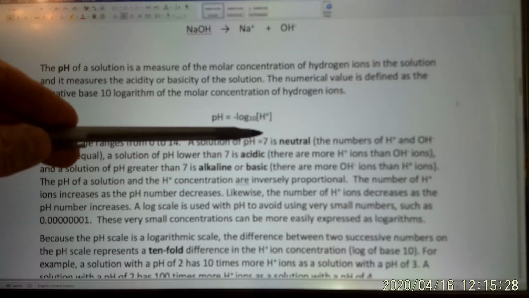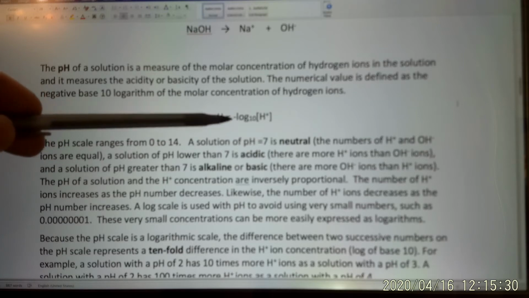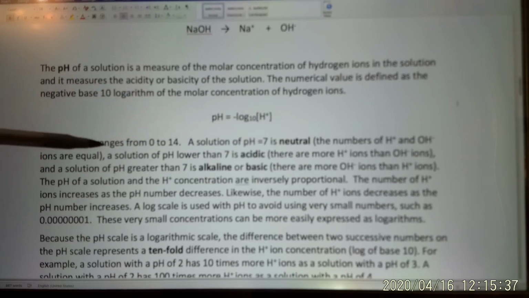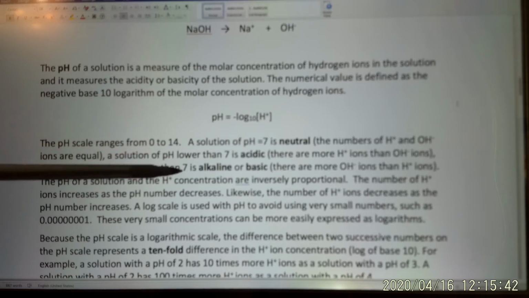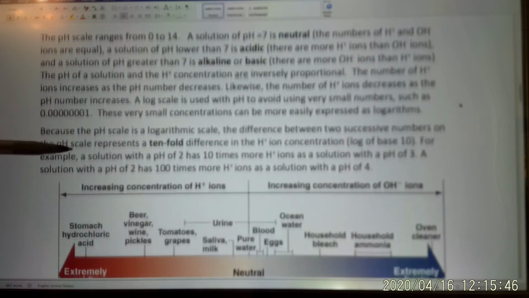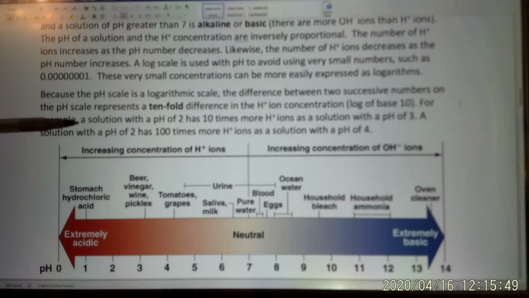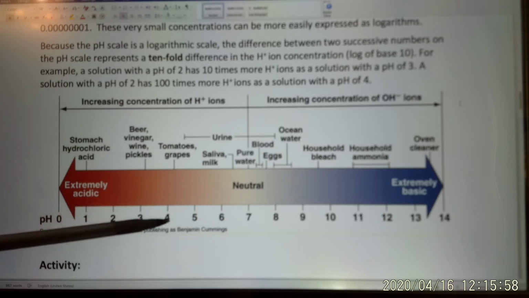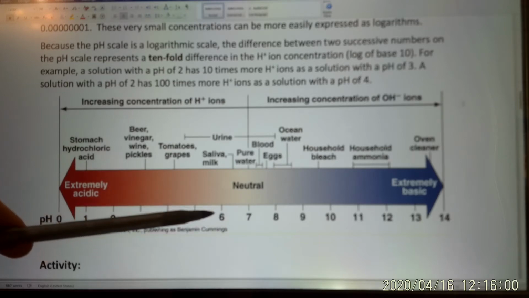That's a neutral solution. Because of the negative sign, if the number is smaller, there is actually more H plus and it's more acidic, and if the number is bigger than 7, it's more basic. Because it's a log scale, every time you change the number by 1, it's 10 times.